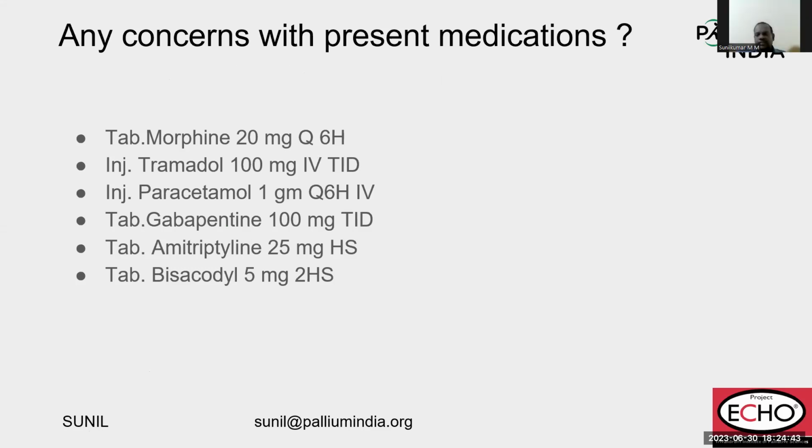Yeah, that's a very valid point. Here, the patient is on amitriptyline. Amitriptyline has some interaction with methadone, but the dose of amitriptyline is 25 milligram. It's very low, so it may not have much interaction. So either you can stop it, or you can just allow it to continue.